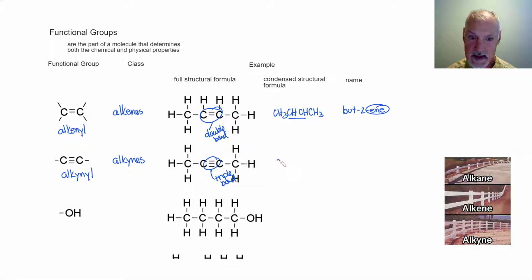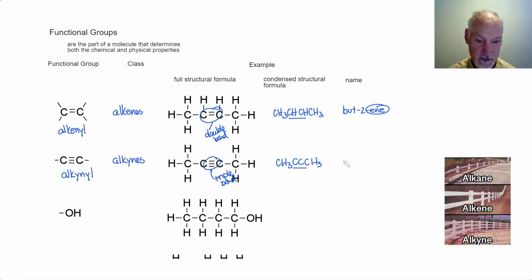This particular condensed formula would be CH3, CC, CH3. And here again I can recognize that the carbons are unsaturated, severely lacking in their number of bonds. Hence there must be 3 bonds between those two carbons.